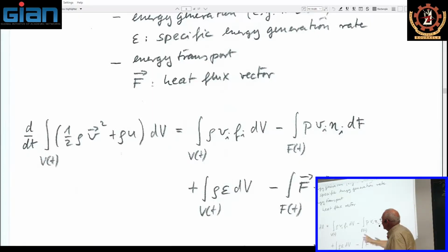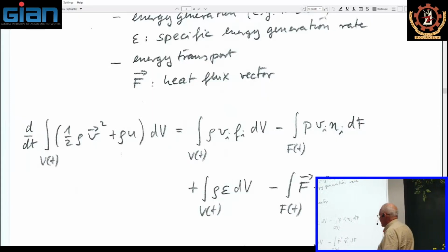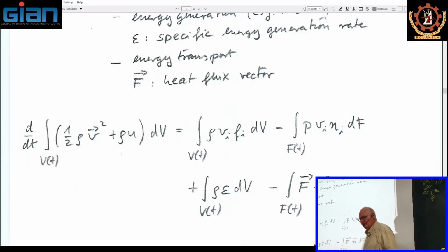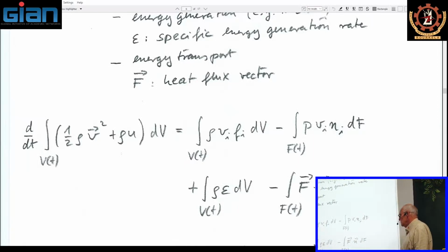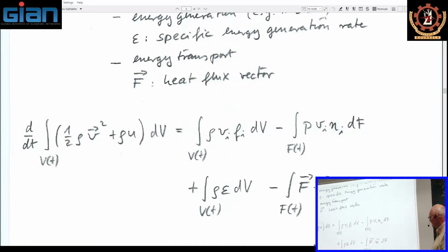And then we have the energy generation, which is accounted for by the specific energy generation rate. If we multiply it with the density, we get the energy per volume and time which is generated, and its integral over the volume will be the energy which is deposited through the energy generation.